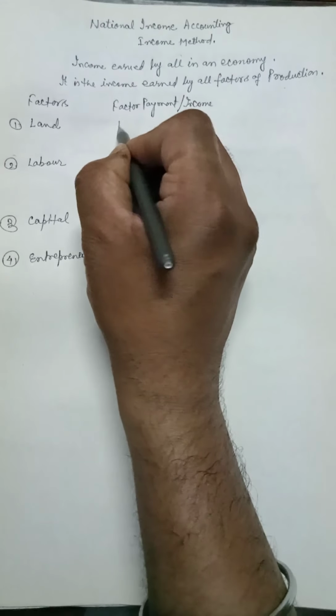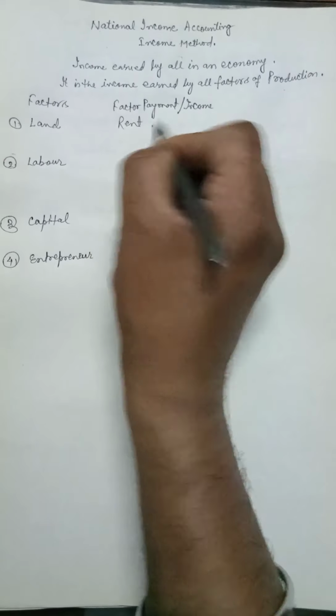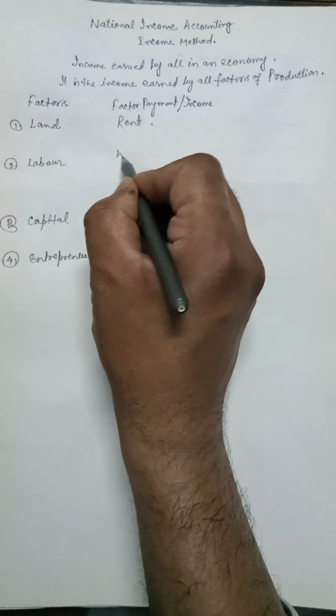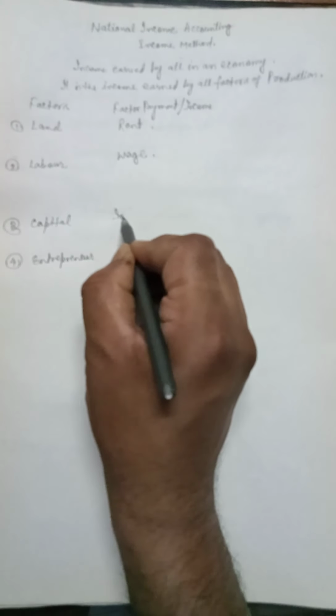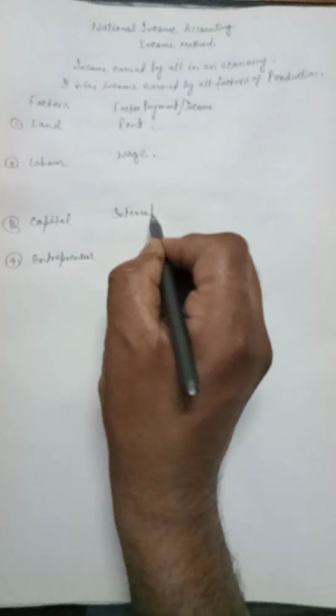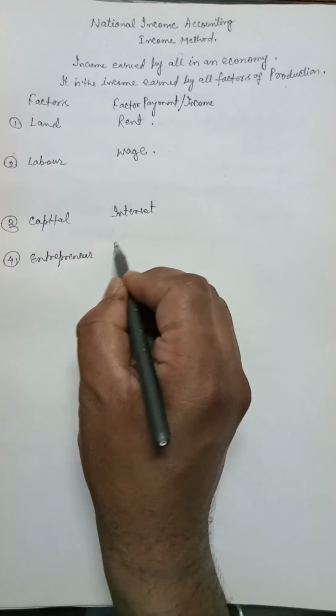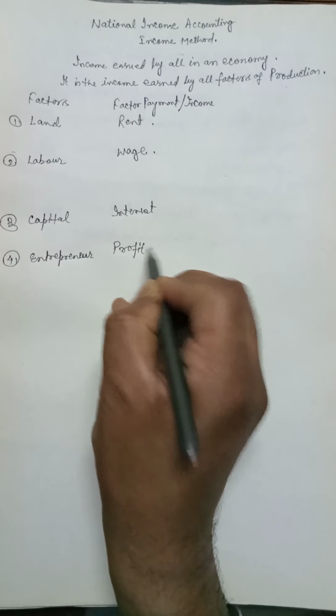Land will get rent, the labor will get wage, the capitalist will get interest, and the entrepreneur will get profit.